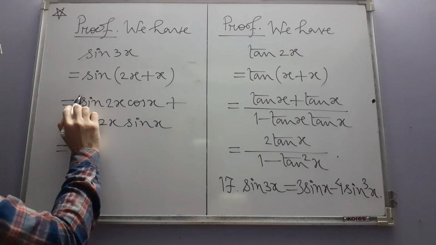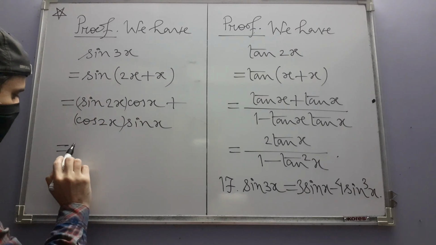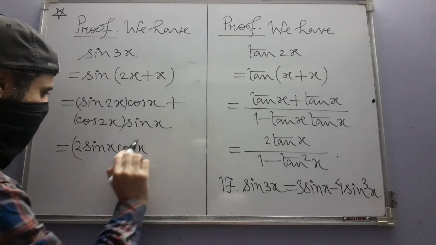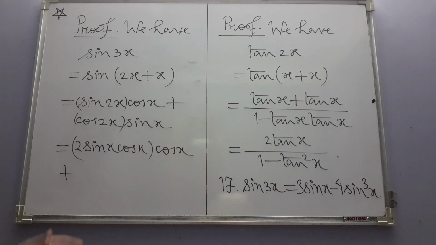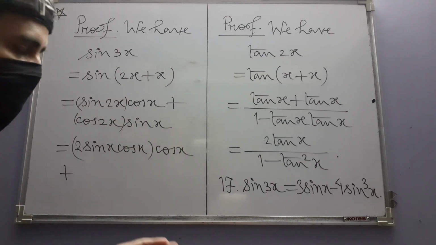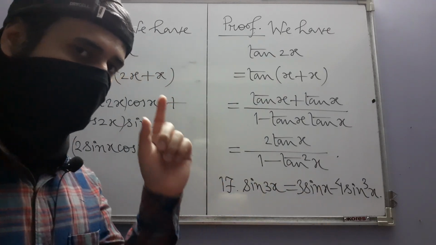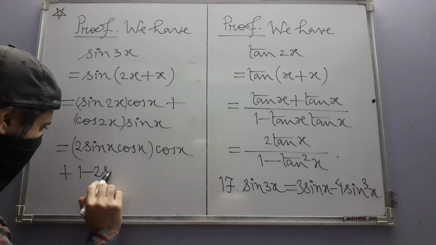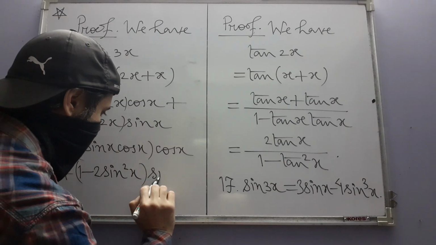Now, what will you do about sin 2x and cos 2x? Sin 2x, of course, is 2 sin x cos x times cos x, plus what about cos 2x? You see, there are a number of identities for cos 2x. But because we need ultimately everything in terms of sine, so we are going to use the sine identity, which is 1 minus 2 sine square x times sine x.